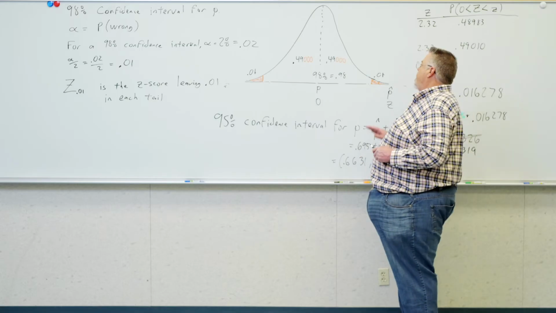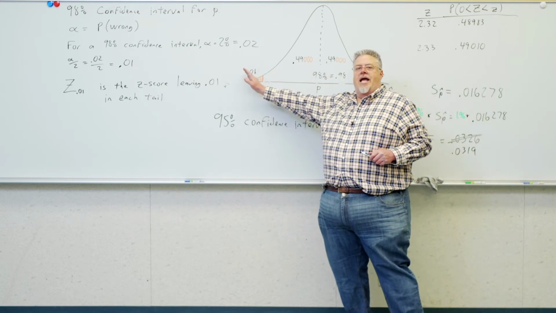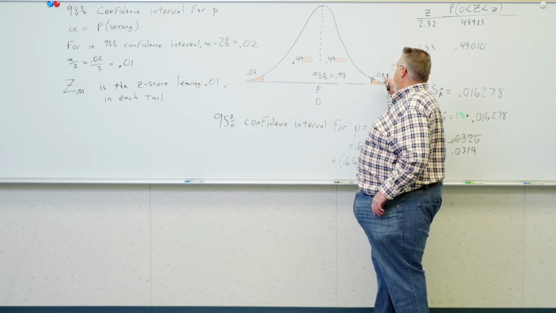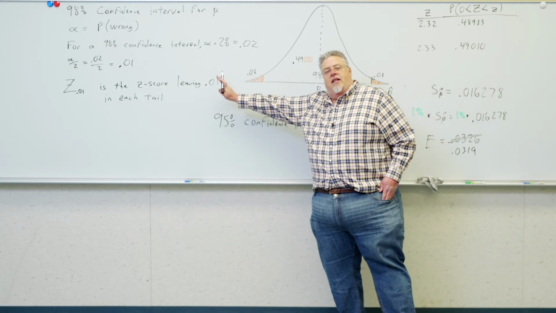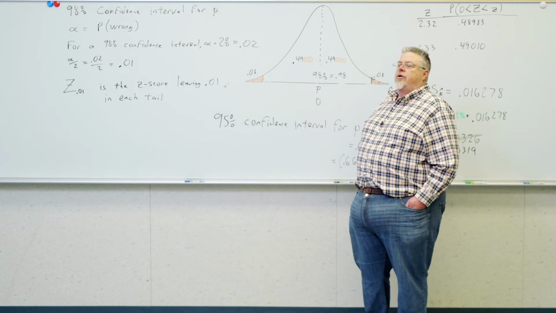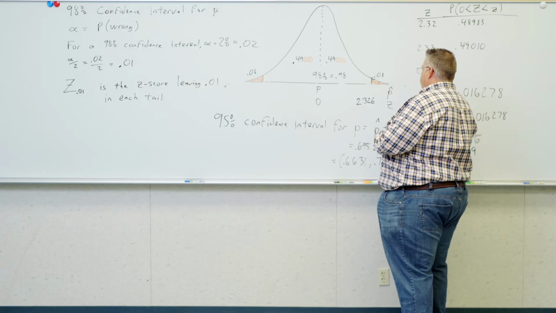The column that we're going to use is not 0.98, but 0.99. Because the area to the left of this mark is 1 minus 1%. Or it's got this 98% plus this tail on the left. So the column is 0.99. And if you follow the column for 0.99 and go all the way down, you'll see at the bottom 2.326, which is between 2.32 and 2.33.